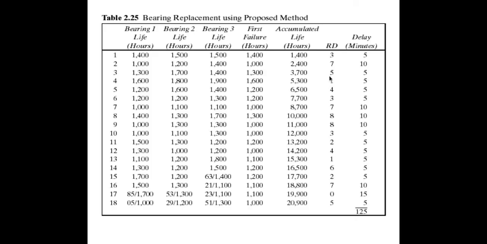So according to the delay random digit, we will get the delay time, and this is the summation of the total delay time to make it 20,000 hours, according to proposal 2.